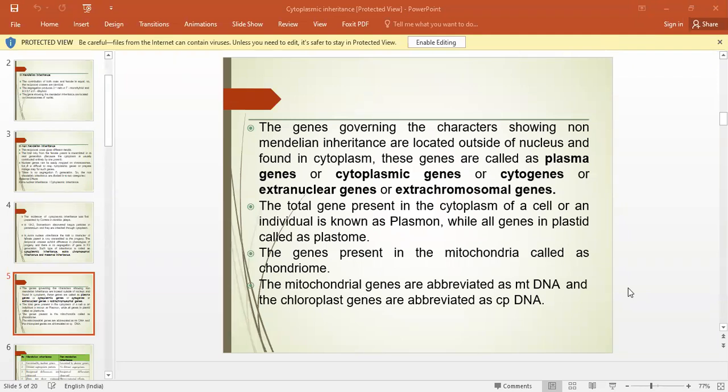The genes present in the mitochondria are known as the chondriome. These mitochondrial genes are abbreviated as mtDNA, meaning mitochondrial DNA, and the chloroplast genes are abbreviated as cpDNA, meaning chloroplast DNA.